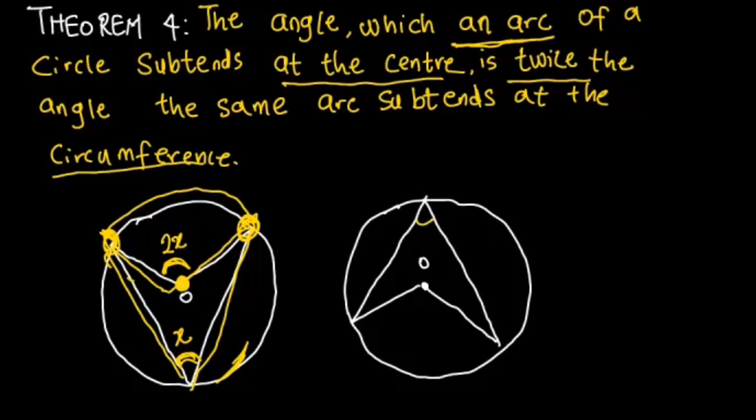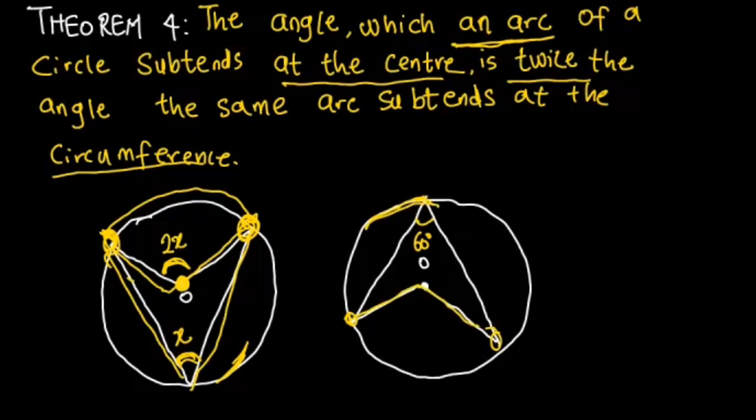So let's take a look at this one. Let's say we have an angle at the center which is 60 degrees. This theorem tells us that provided the arc is the same, an easy way to know is that they both have their feet at the same point, at this point and at this point. So this angle at the center is 2 times the angle on the circumference.